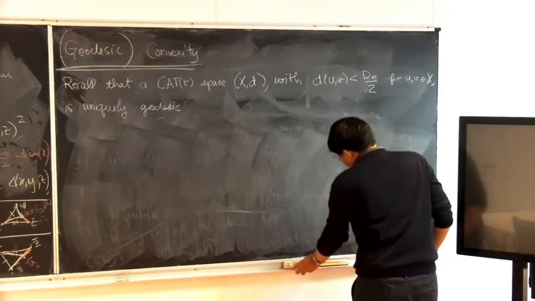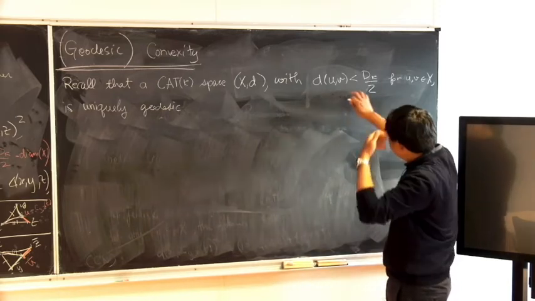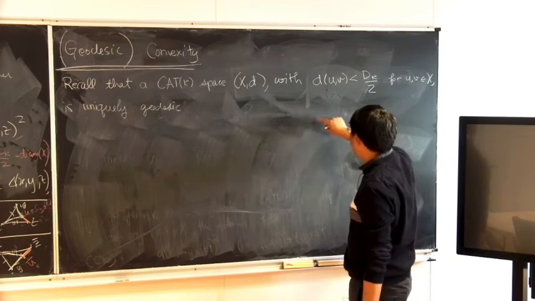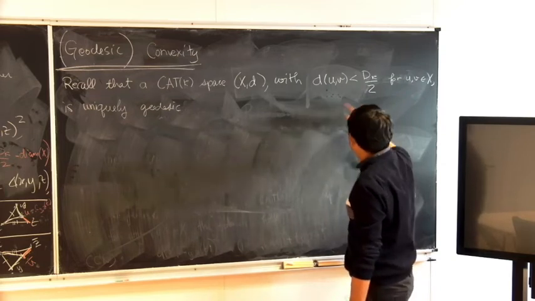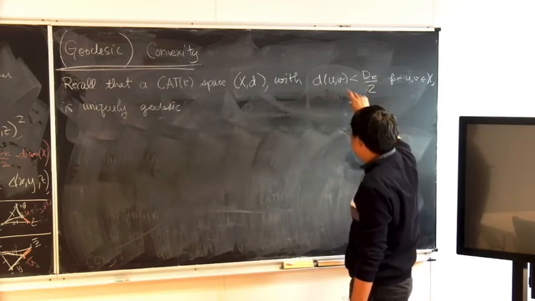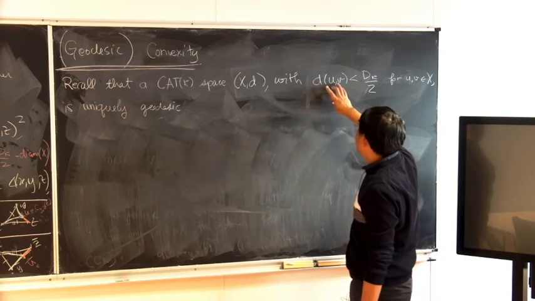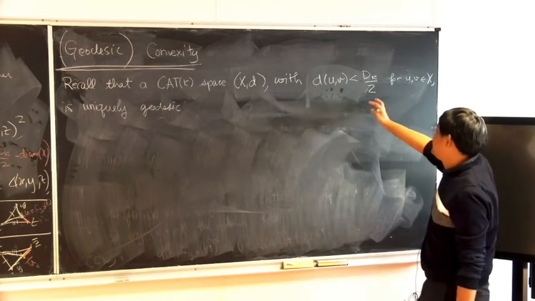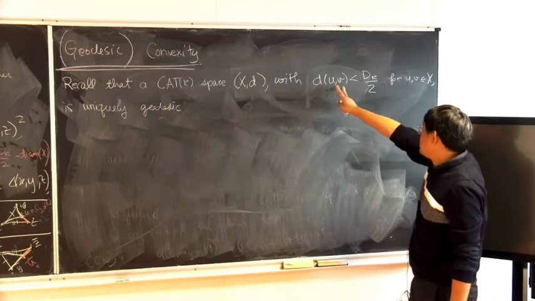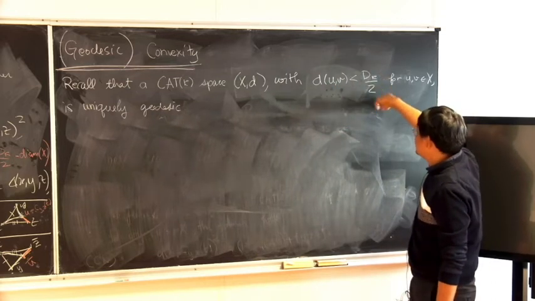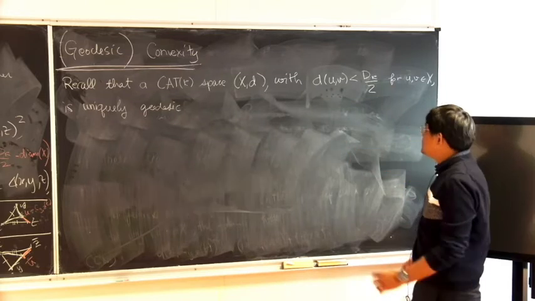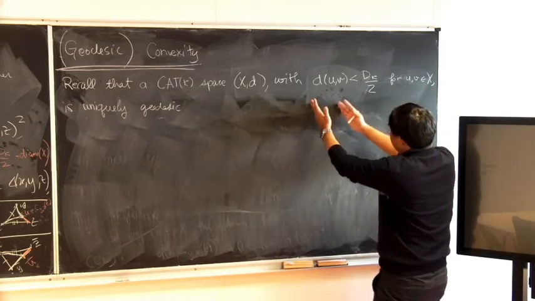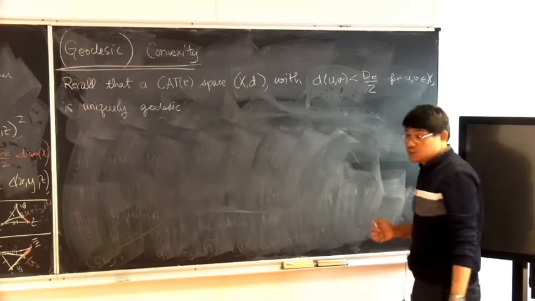Okay, so this can be a little bit different than saying that the diameter is strictly less than d kappa over 2, because when you have two elements inside the space, the distance between two elements inside the space being strictly less than this, it means when you take the supremum over u and v in X, you can have the diameter equals to d kappa over 2.